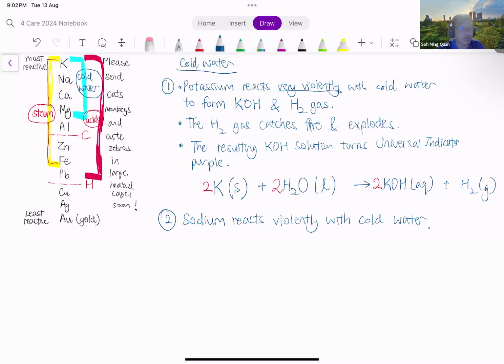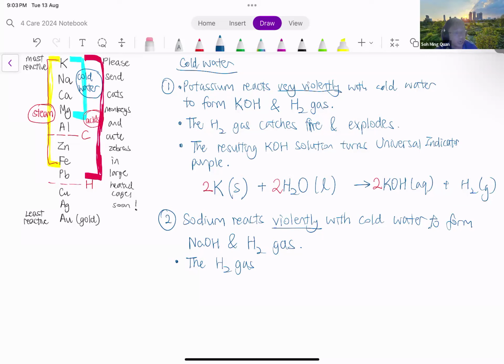All right. It reacts violently with cold water to form sodium hydroxide and hydrogen gas. So the metal hydroxide is sodium hydroxide. Now, this time round, the hydrogen gas produced is not so rapid. It's not produced as rapidly as potassium.